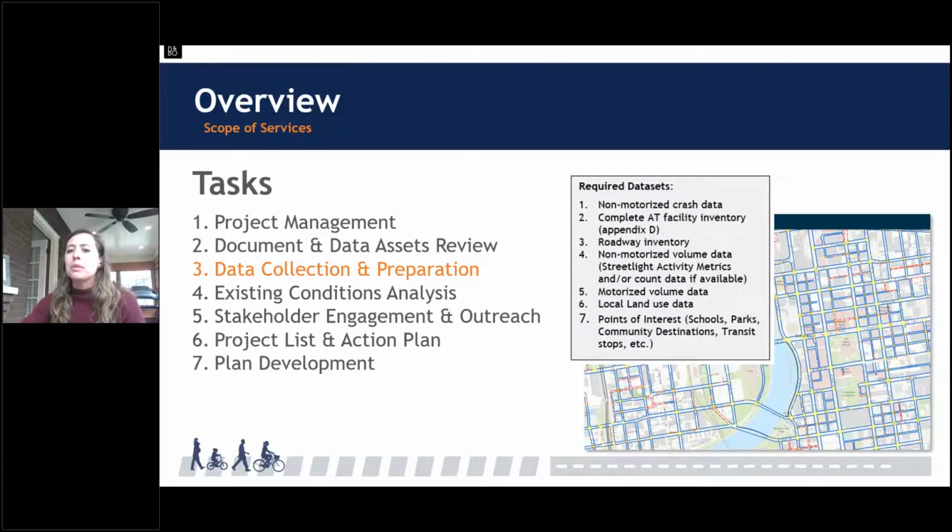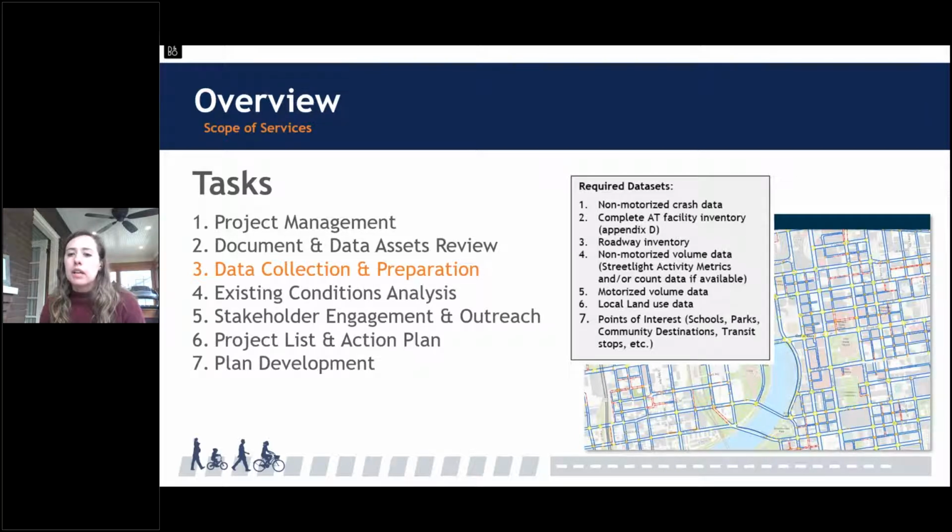All of this data will be used throughout the planning process to populate your existing conditions section, to inform your action plan and priority projects. And just in general, we will at a minimum be including these 7 data sets. So we'll be including bike and ped crash data. We will be including asset inventory, so looking at where bicycle and pedestrian facilities are.